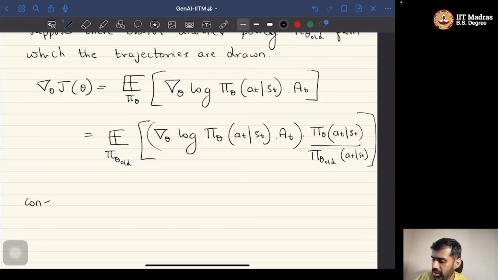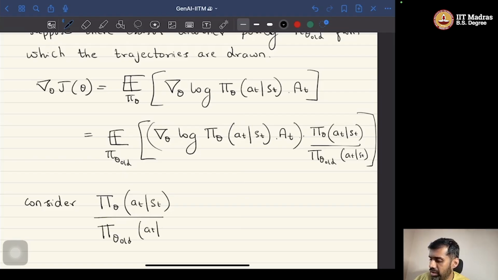So consider pi theta of a_t given s_t divided by pi theta old of a_t given s_t times the gradient of log of pi theta of a_t given s_t.